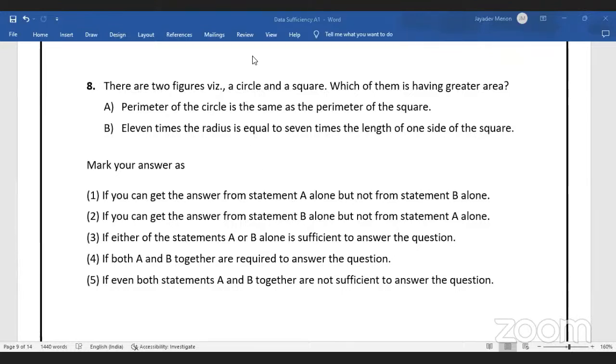Yes, very good, Anjana. Option 3 is correct. Either of the statements, A or B alone, is sufficient to answer the question. Answer is option 3.